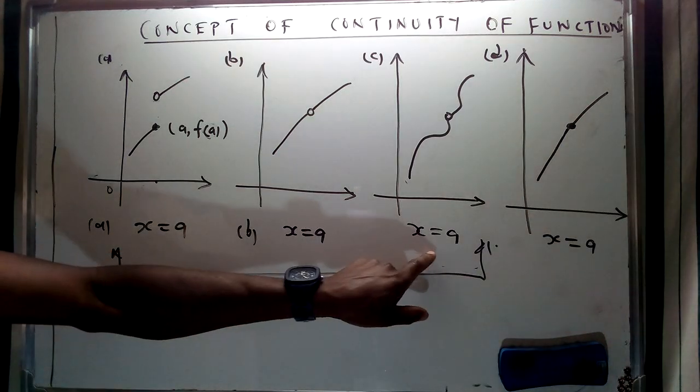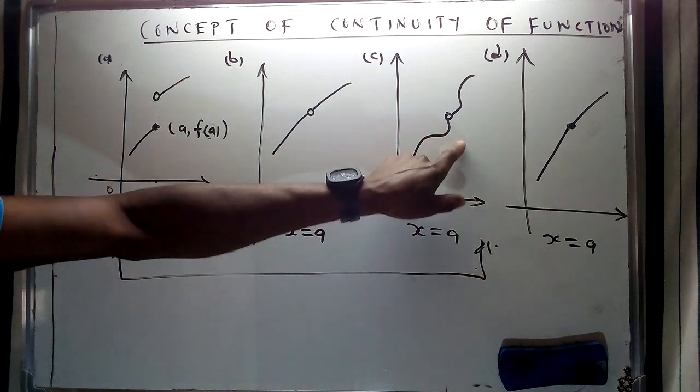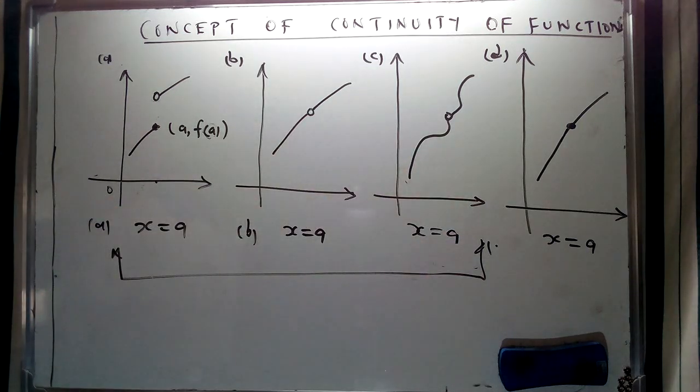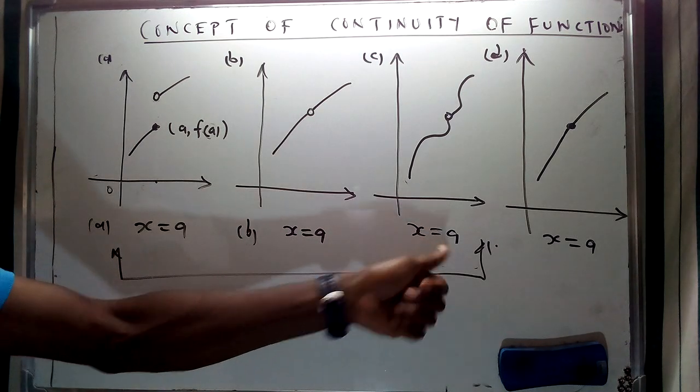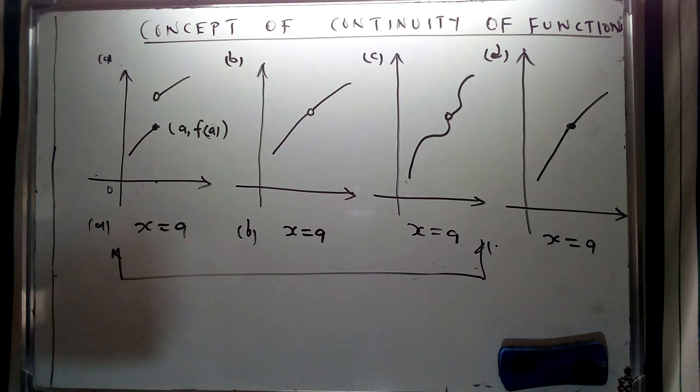And for this one, the limit is not going to exist at this specific point, since the value of x is not going to be the value of that specific function at this point where x is equivalent to a. So this is how we can graphically analyze and represent the concept of continuity.